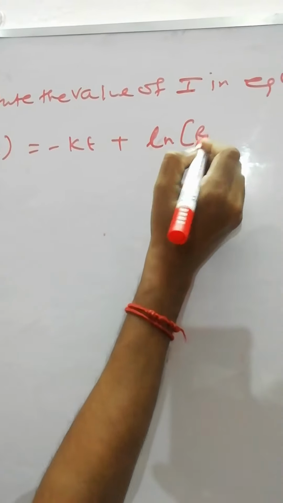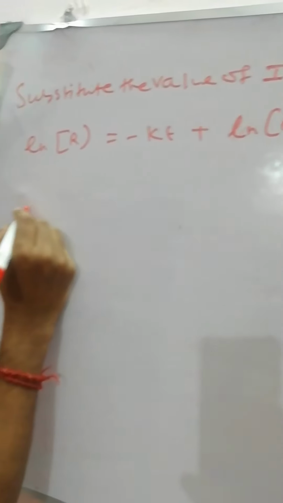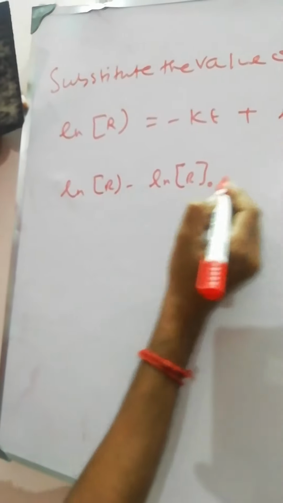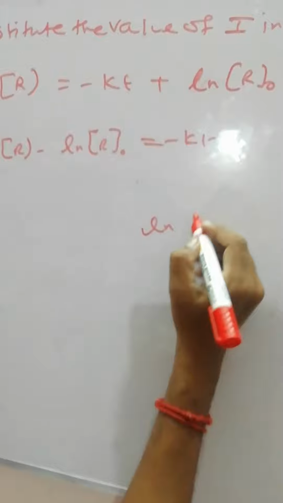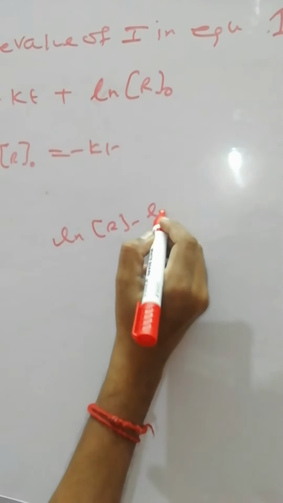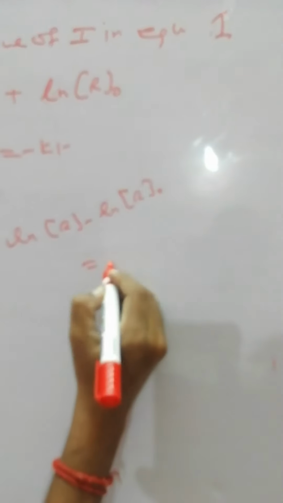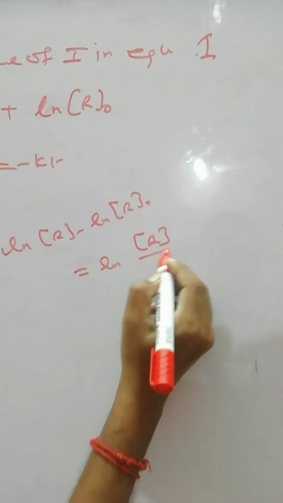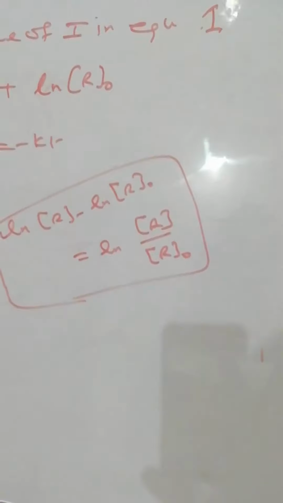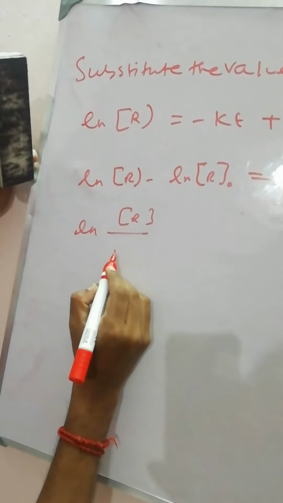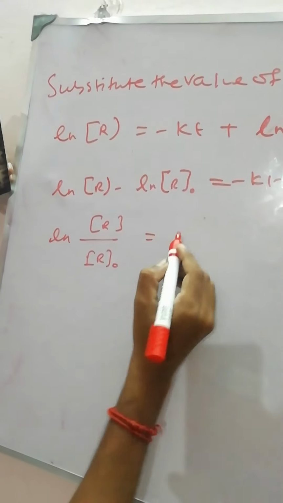So ln R minus ln R0 equals minus kt. According to the logarithm division rule, present in the last part of the mathematics textbook, ln R minus ln R0 equals ln R by R0. So we write ln R by R0 equals minus kt.